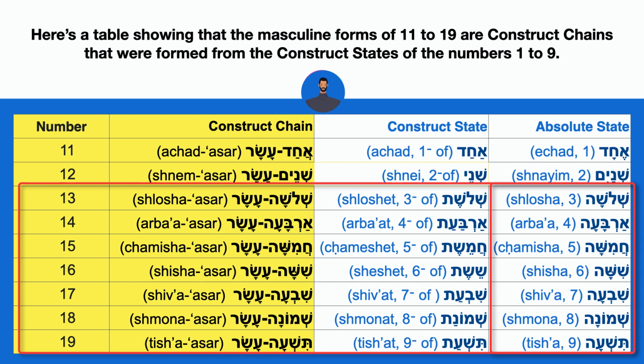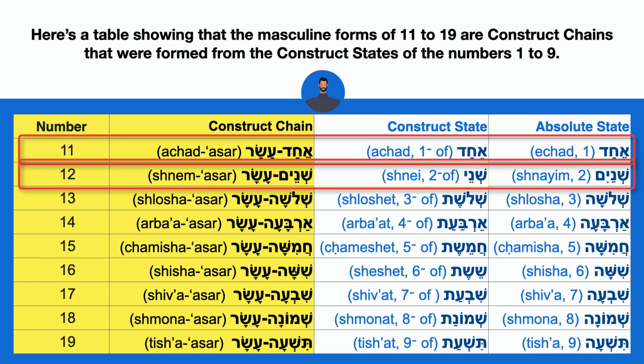So you say for 13 it's shlosha asar, 14 is arba'a asar, 15 is chamisha asar, 16 is shisha asar, 17 is shiv'a asar, 18 is shmona asar, and 19 is tish'a asar. So 13 to 19 don't use the construct states of these masculine numbers. Only 11 and 12 follow the general rule.